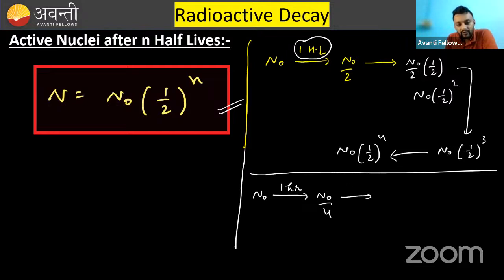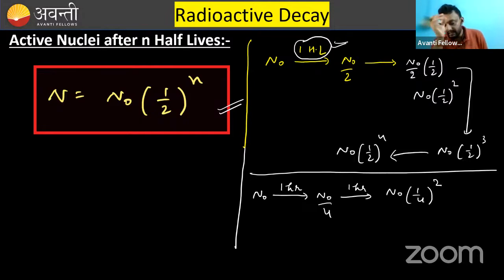So after the next 1 hour, they will be N naught times 1 by 4 square. After n hours, it will be N naught times 1 by 4 to the power n. So we can transform not only for half-life, but for any time period.